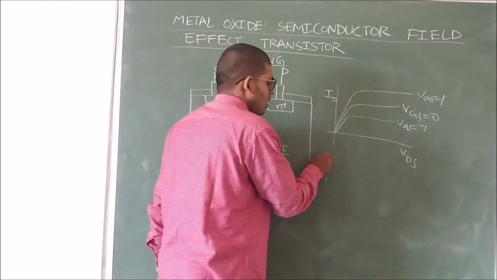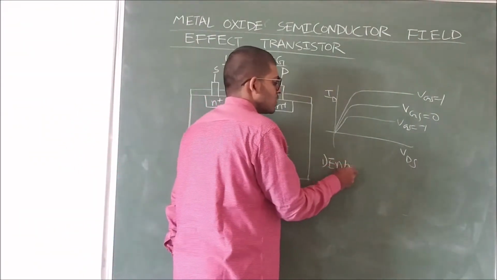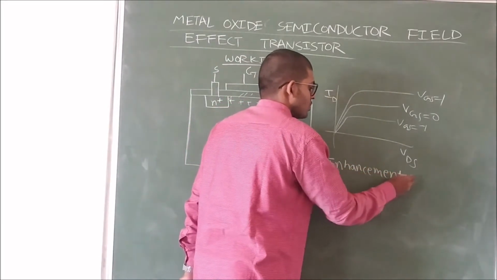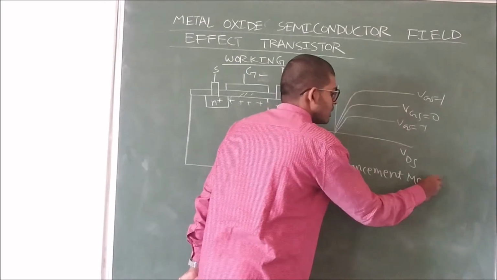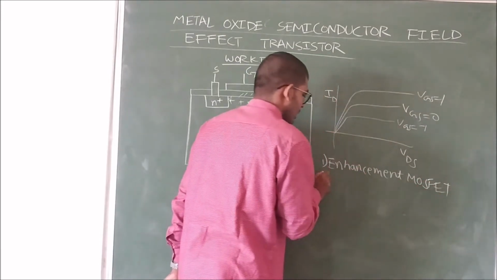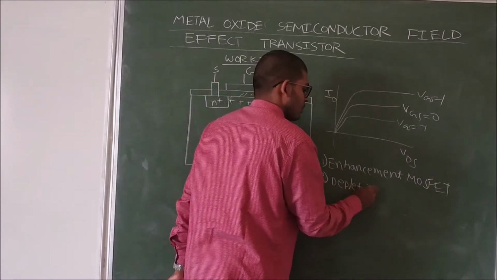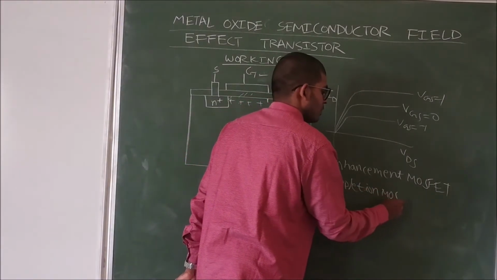First type of MOSFET, enhancement MOSFET. Second type of MOSFET is depletion MOSFET.